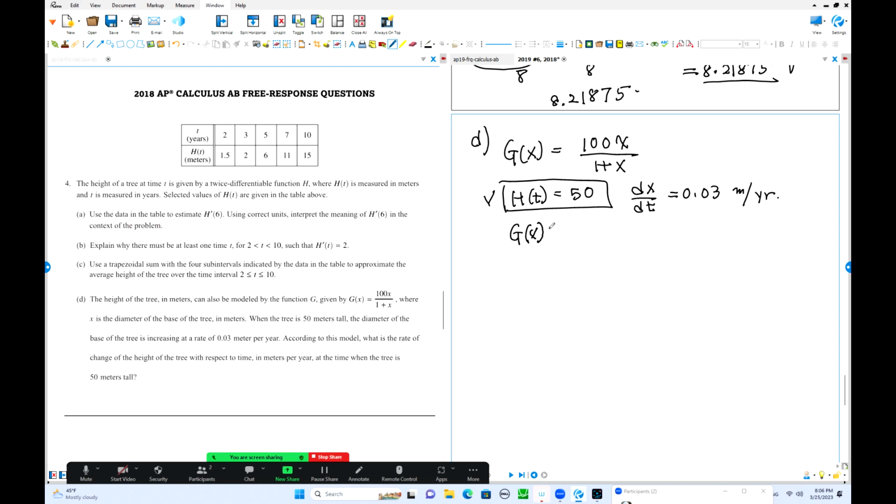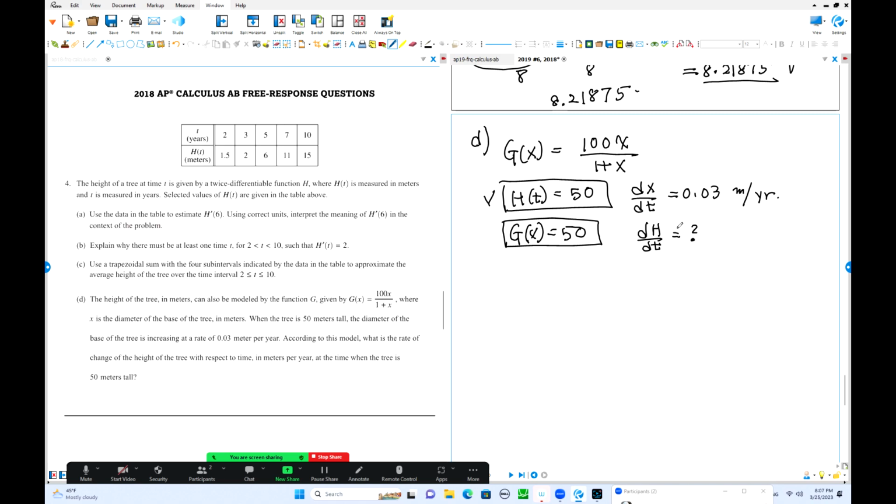When g of x equals 50. This is h here, but it's the same numbers. Anyway, we're going to find dh dt from here. A little confused, right? That's fine. At this time, we're going to find the derivative over here, okay?